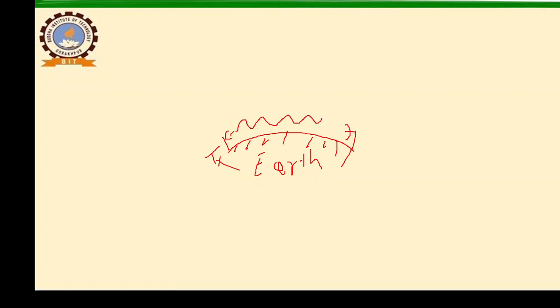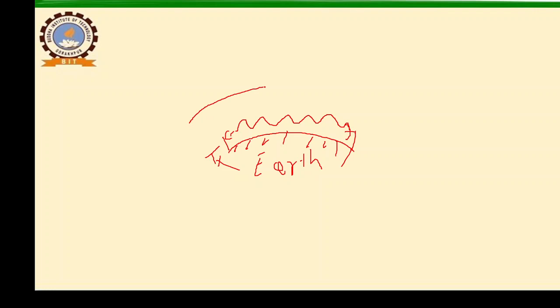Consider the earth surface, in a curvature form, shown this way. It is our earth, and we put the transmitter here. This is the transmitter end, and we put the receiver here. If it is in the line of sight, there is no problem; it can be reached easily at the receiver end.